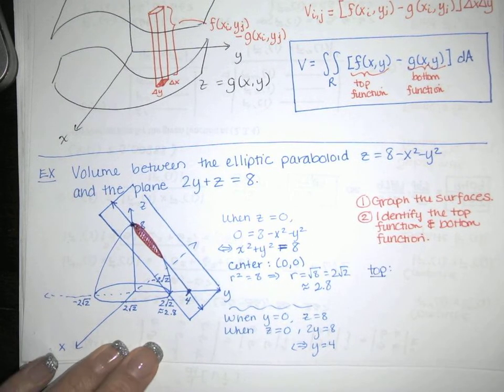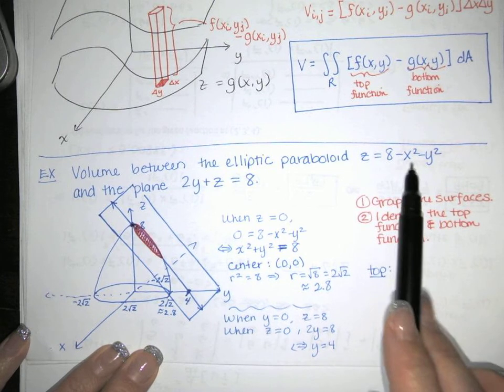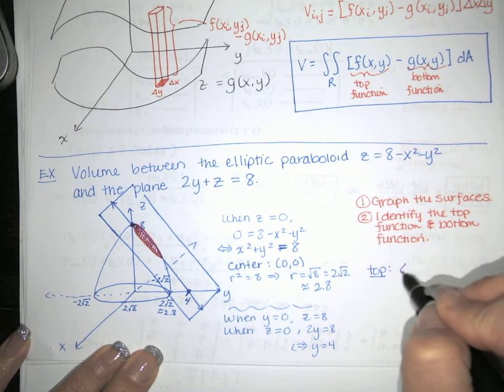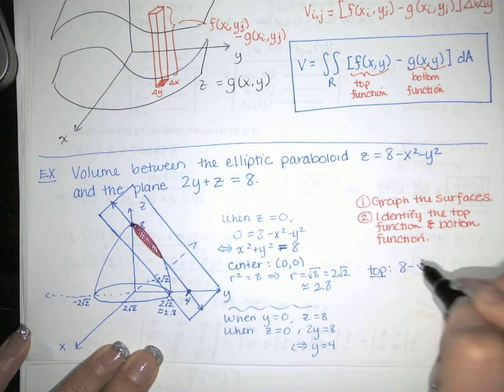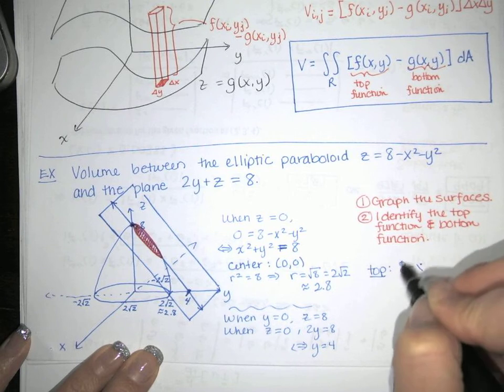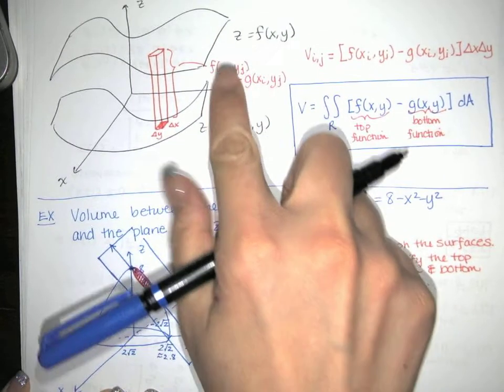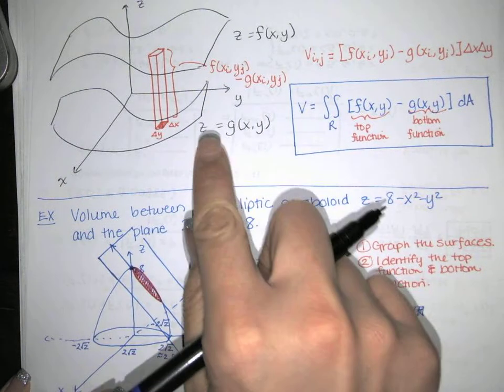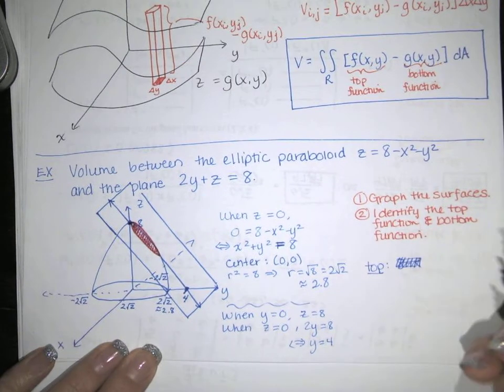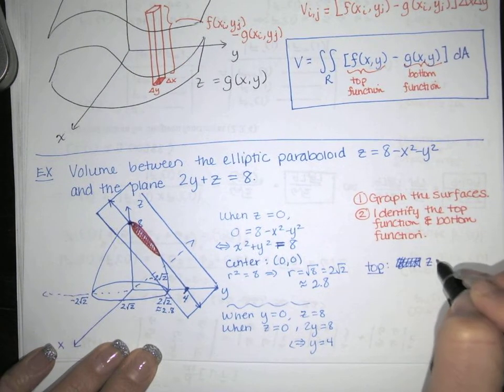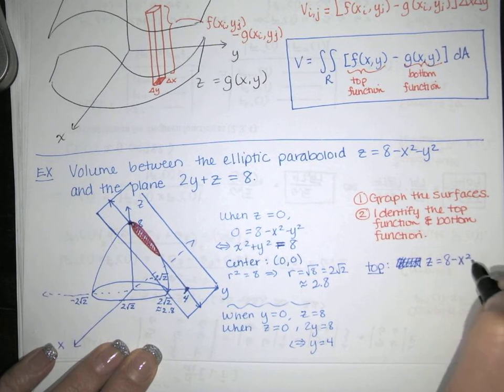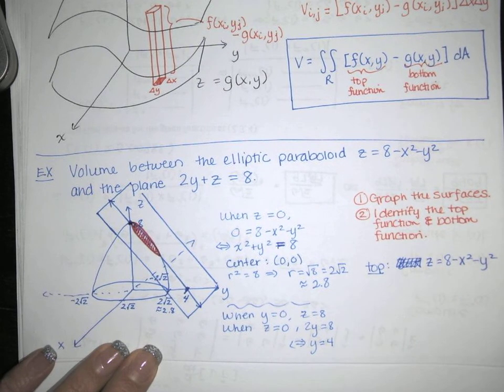And we can see from our picture that the elliptic paraboloid is the top function. And notice the way that these were written over here. We had z equals a function of x and y, and z equals a different function of x and y. So for the top function, we have z equals 8 minus x squared minus y squared. That's the equation of the elliptic paraboloid. So that will go in here.